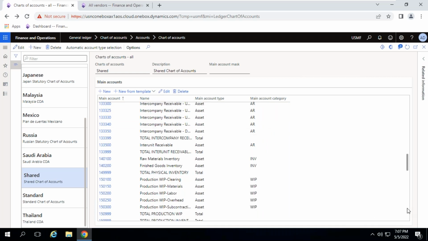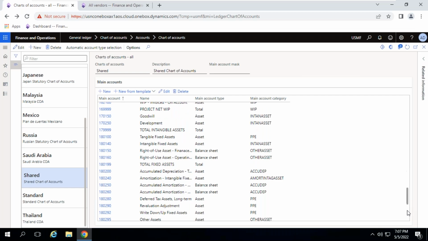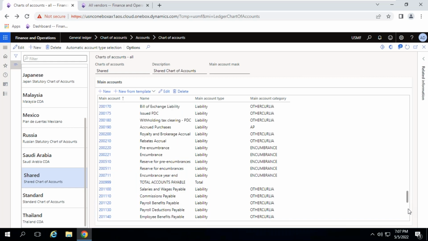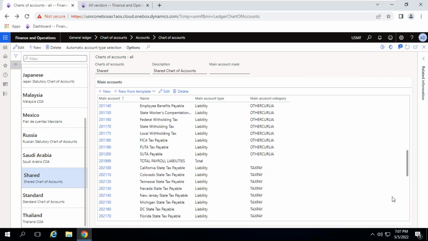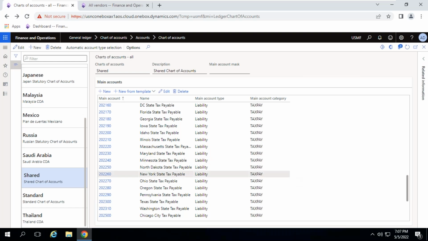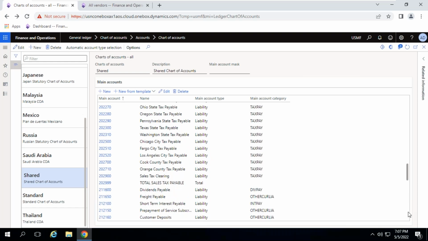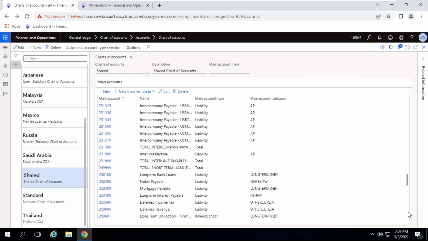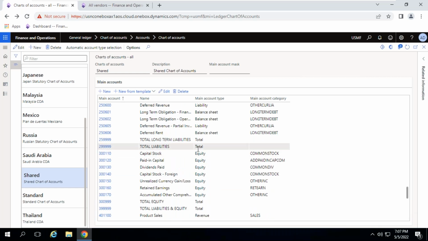All are assets. Next, 2 series liabilities. 3 series, it is equities. 3 series is very few equities.